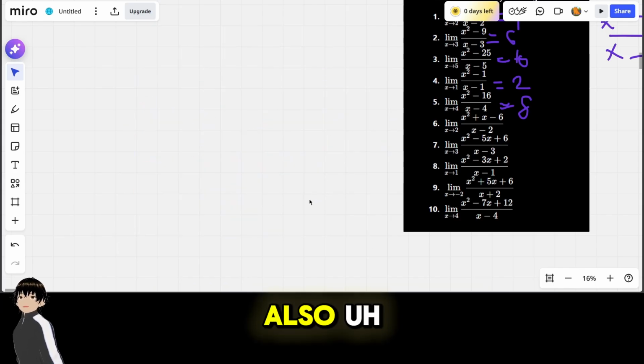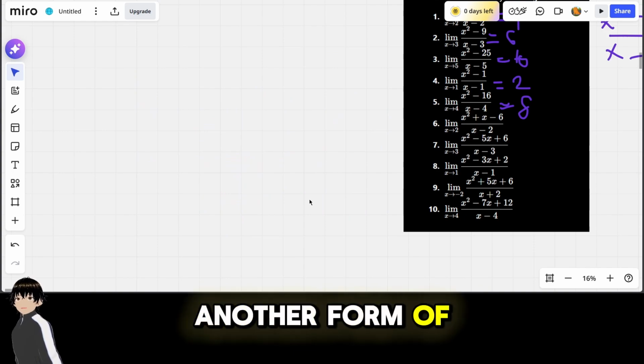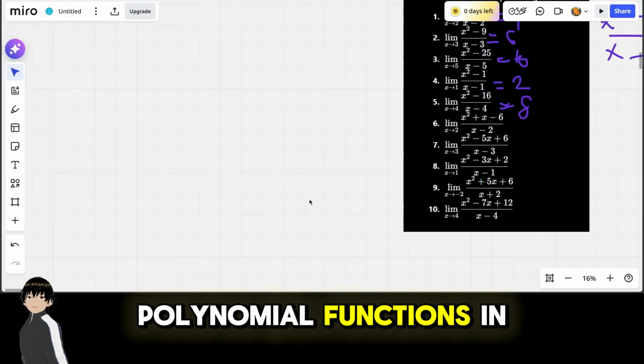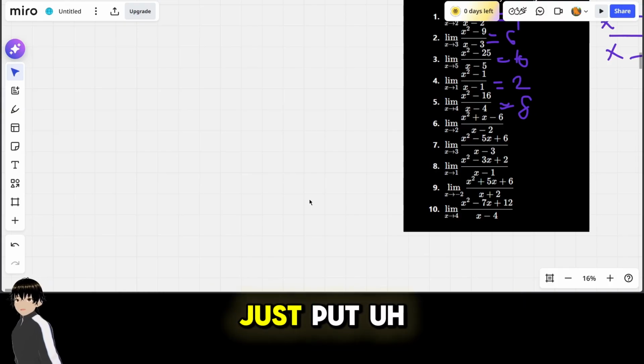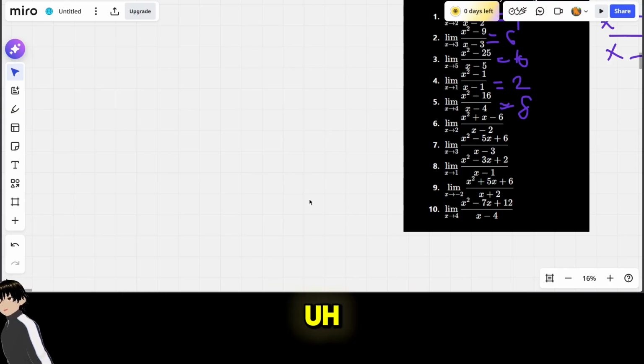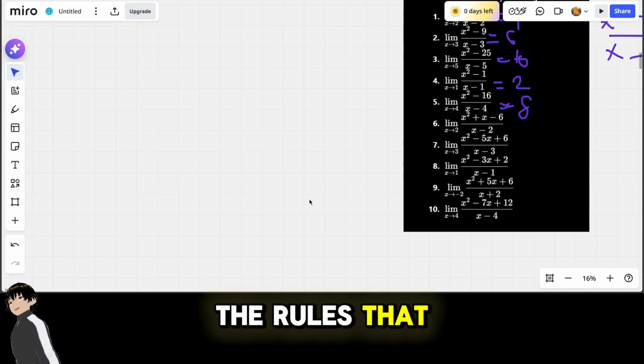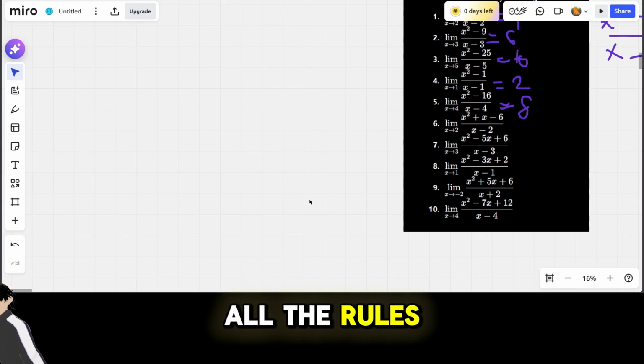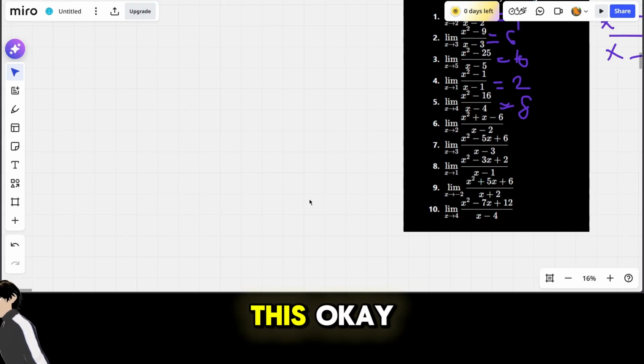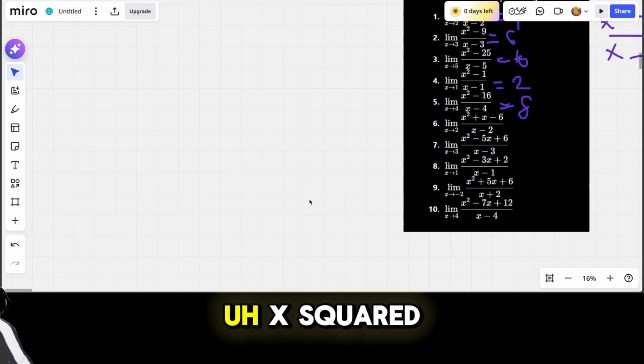But there is also another form of polynomial functions in limits where we can just apply all the rules that we mentioned earlier. So we have this, x squared.